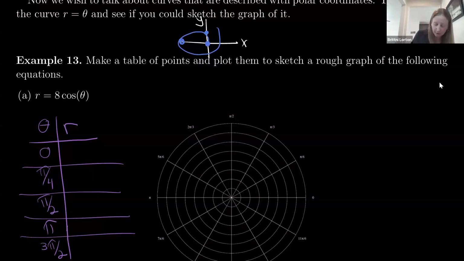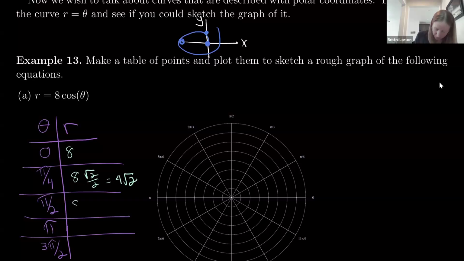If I plugged 0 into the equation, r equals 8 cosine of theta, then r would be equal to 8 cosine of 0, and cosine of 0 is 1, so r is 8. If I plugged in pi over 4, I would get 8 cosine of pi over 4, and cosine of pi over 4 is root 2 over 2, so I got 4 root 2.